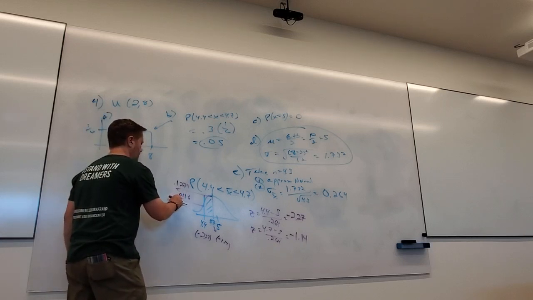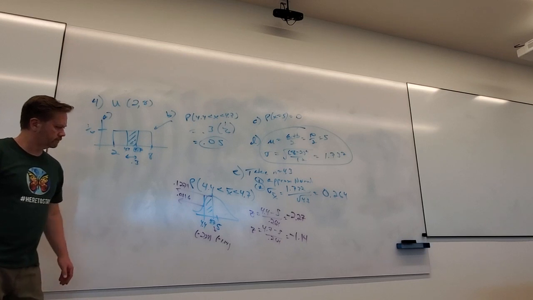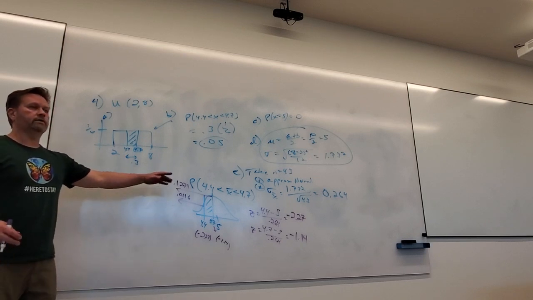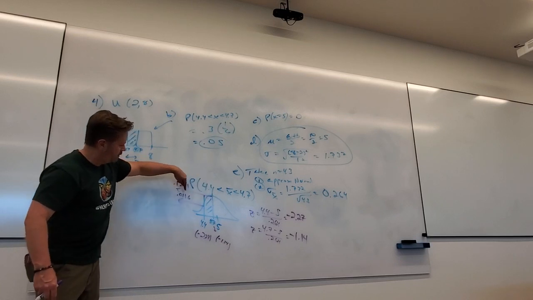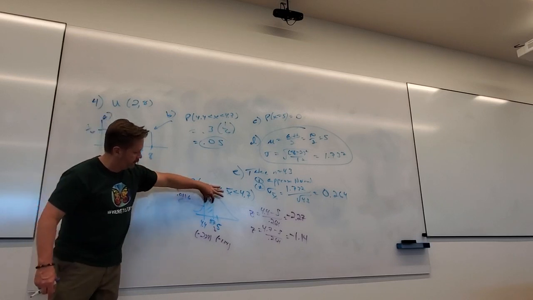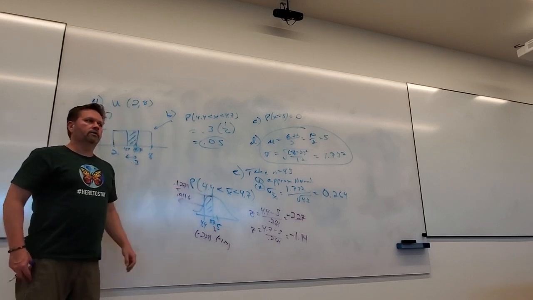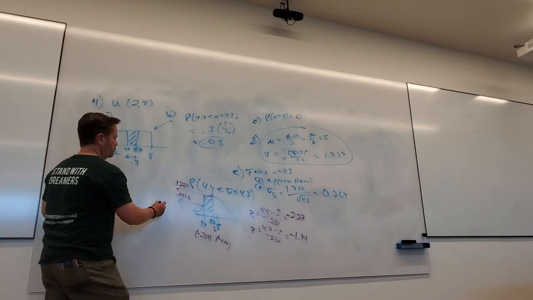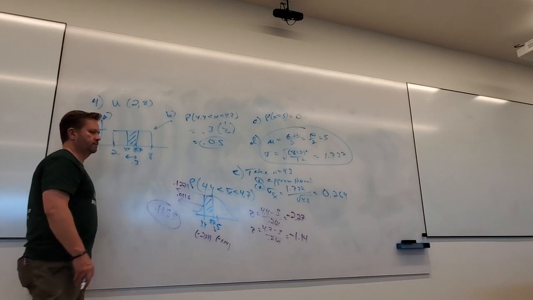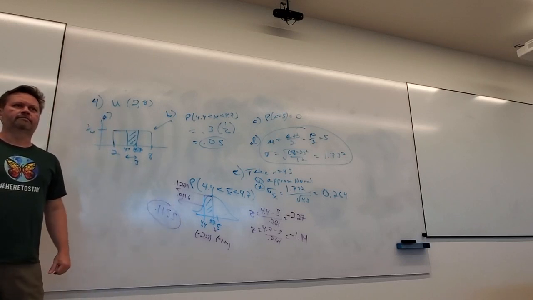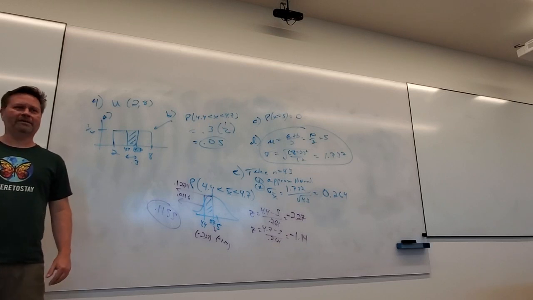Alright, that sounds good. And then, of course, to get the answer, I just subtract, because this is too much area. If I subtract this off, I'll be left with what's in the middle. So you'll get 0.1155, I think. Yeah. Alright, thank you.